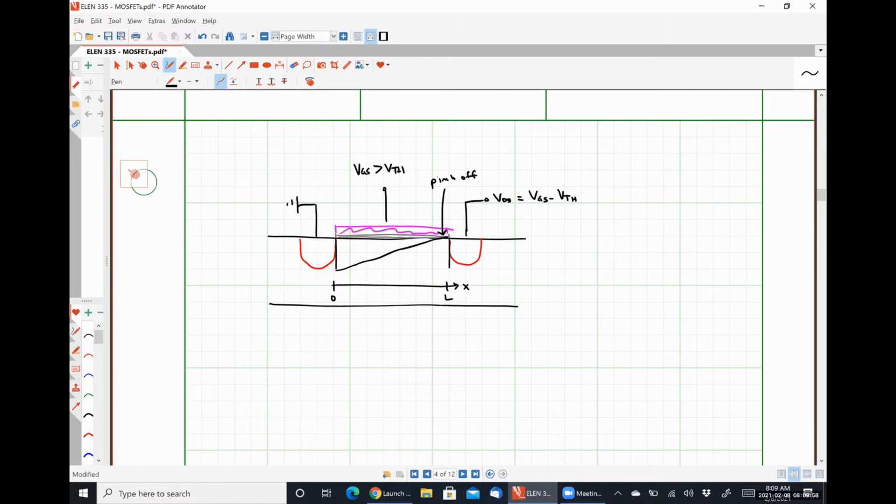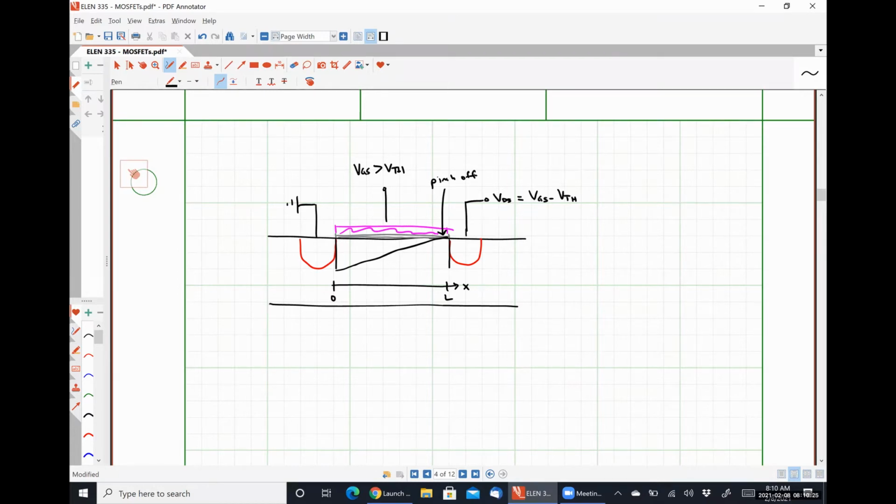So this triangle is full of free electrons, okay? When pinch off occurs, we are restricting the amount of free electrons that can move over into the drain. So we should expect to see that our current is no longer able to increase, because we have that pinch off condition.